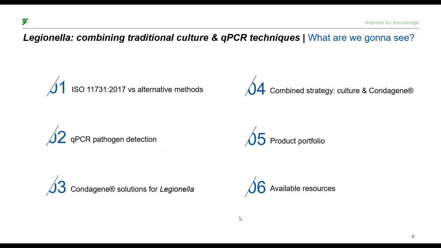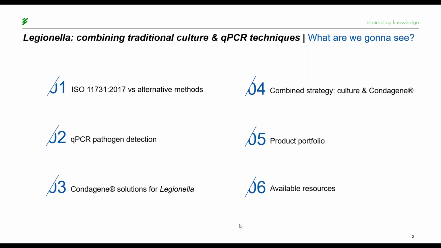What are we going to see? The points to review on this occasion, which revolve around Legionella, are first a quick look at the traditional method, that is microbiology culture, of course, versus the alternative methods available on the market.